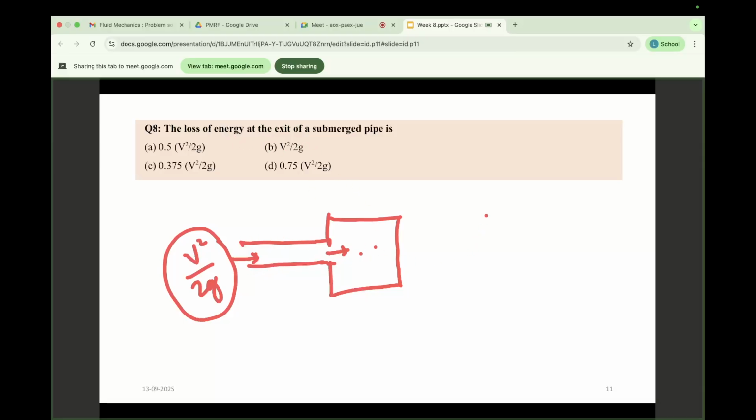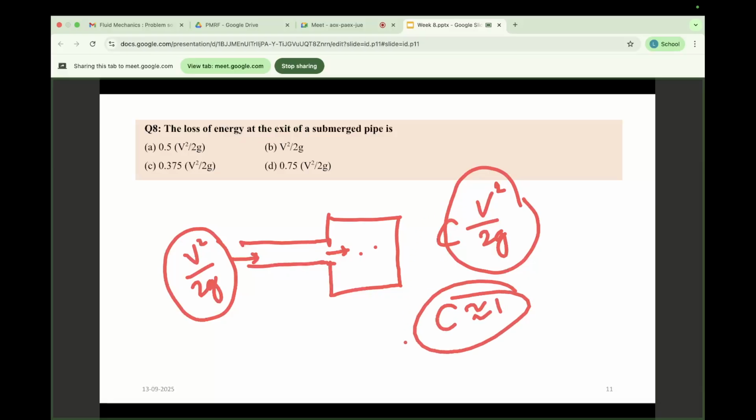So then what is the loss? The loss is the whole kinetic energy, that is v square by 2g. In real life, it is not exactly v square by 2g; it is a little bit less. That means there is a coefficient c, and this c term is generally 1. That's why we consider both as the same, nothing else.